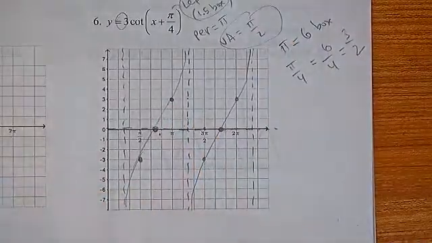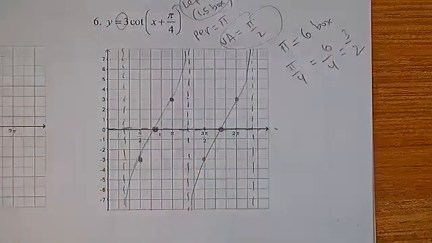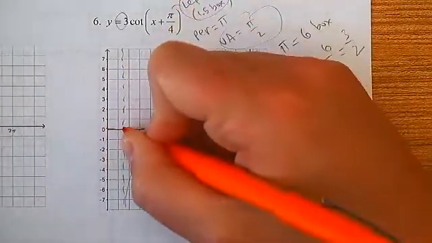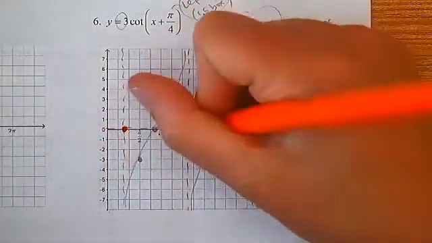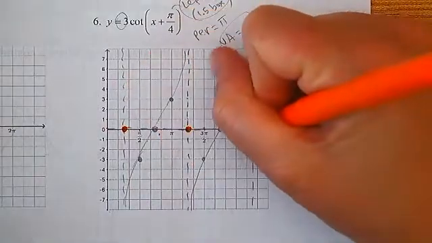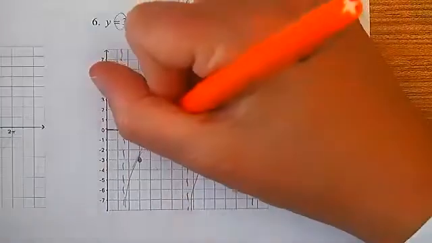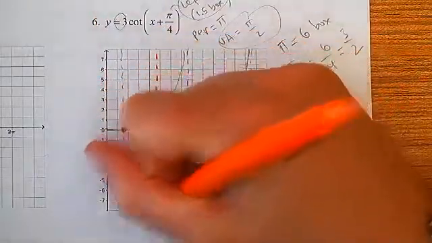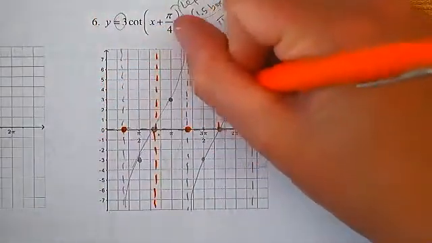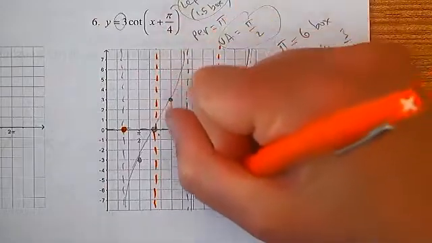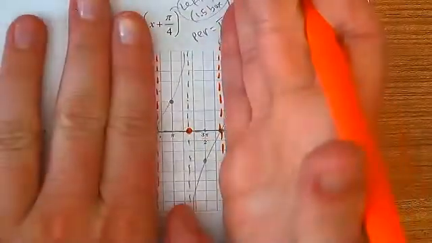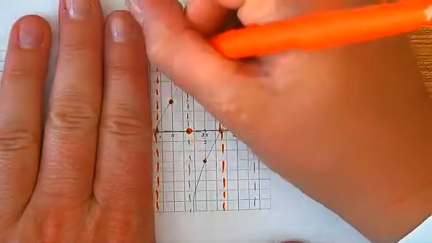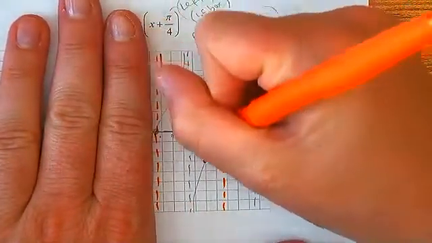So go ahead and pause right now. Okay, so to see if you did it correctly, again, all asymptotes of tan become points for cotan, and then all points for tan become asymptotes for cotan, like so. So that's one period, and then these points are going to go with my graph.